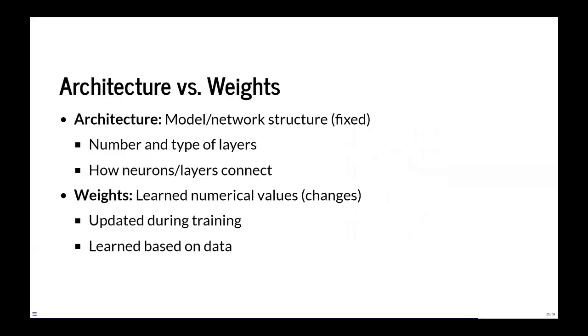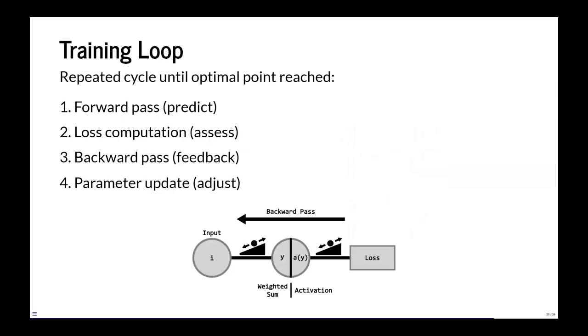So we have architecture and weights as well. The architecture is the model network structure, and this is a fixed thing that we provide. That's related to the number of layers, how many neurons, and how these connect. We also have the weights, again, which are these learned numerical values, which change throughout the training process.